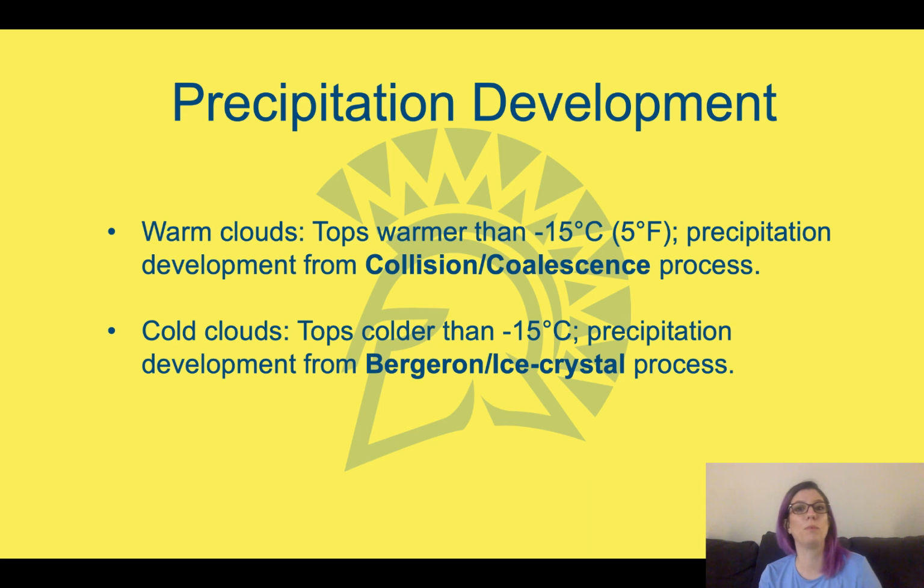Warm clouds consist more of water droplets, and cold clouds of ice crystals. So you can see that a warm cloud is going to create precipitation from the collision and coalescence process, and cold clouds are going to create snow, or freezing rain, or whatever it might be, from the Bergeron, or ice crystal, process.